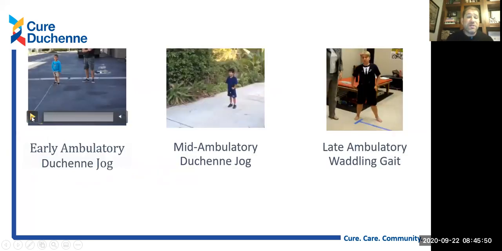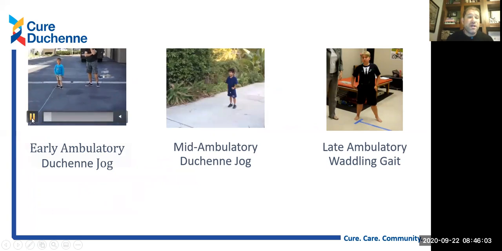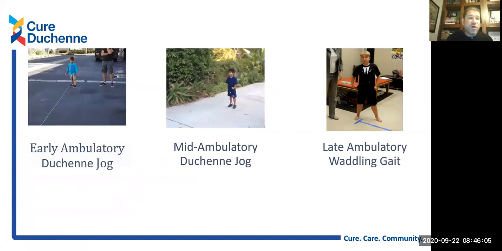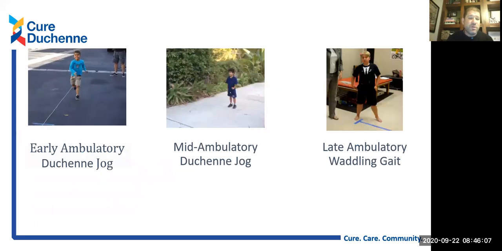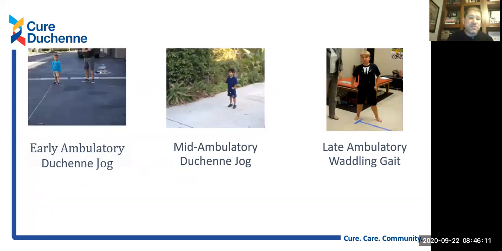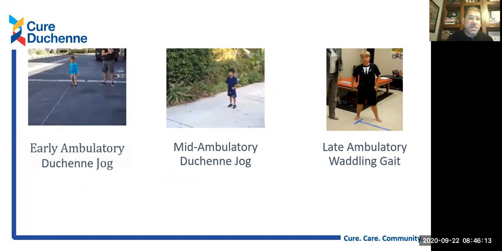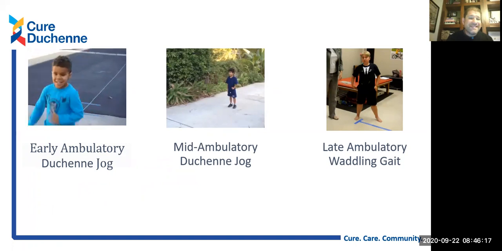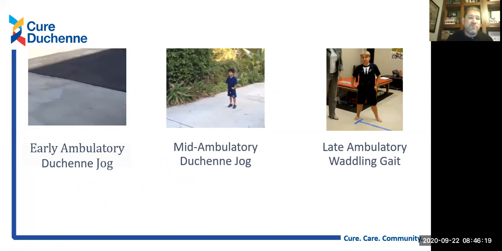So here are some videos that I was telling you about before. The first one is during the early ambulatory stage, and it's what we call a Duchenne jog. Honestly, if you didn't know that there was any diagnosis of Duchenne, it's not extremely obvious looking at this, but what you can see is increased upper extremity movement.